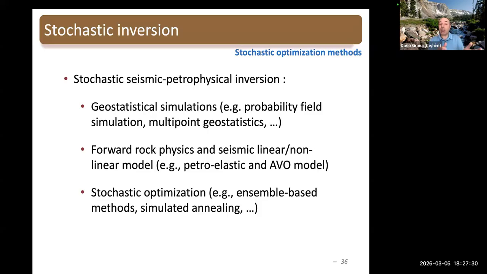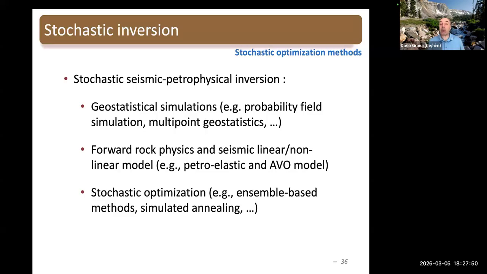Then we need a forward model. So for example, in the problem that I have been discussing so far, it's rock physics combined with seismic wave propagation. We take all the realizations that we created in the first step, and we apply the forward model to compute some predictions of what the theoretical geophysical response would look like.